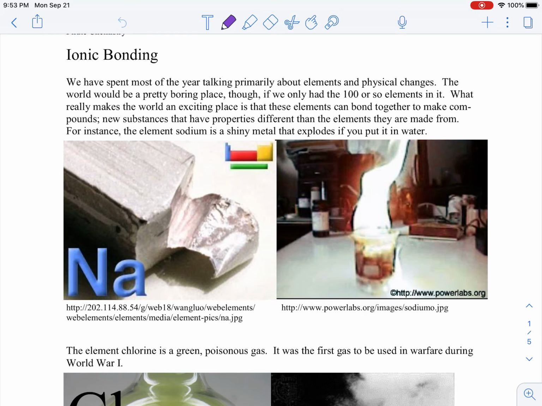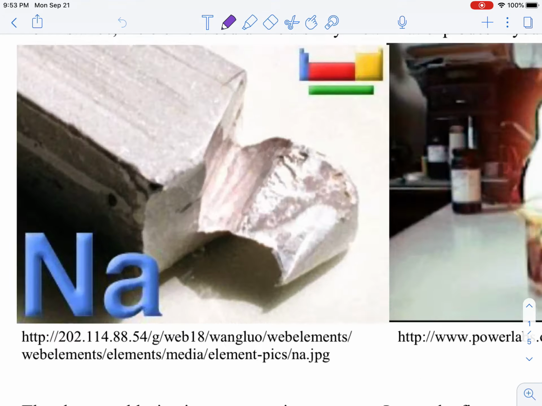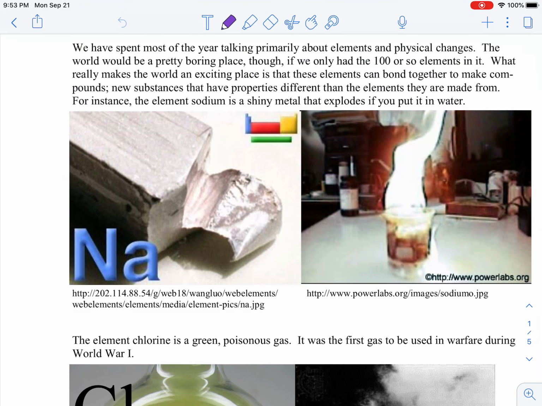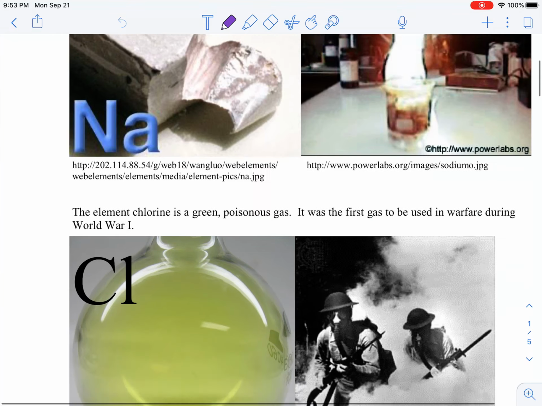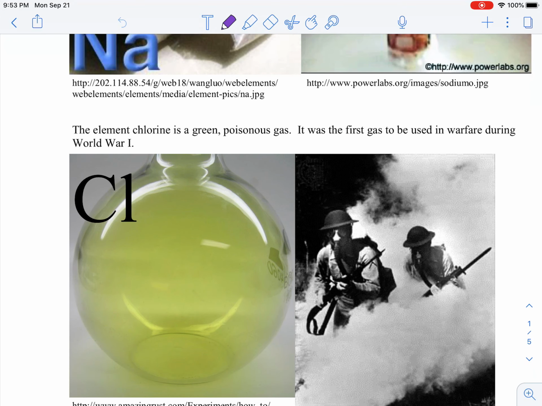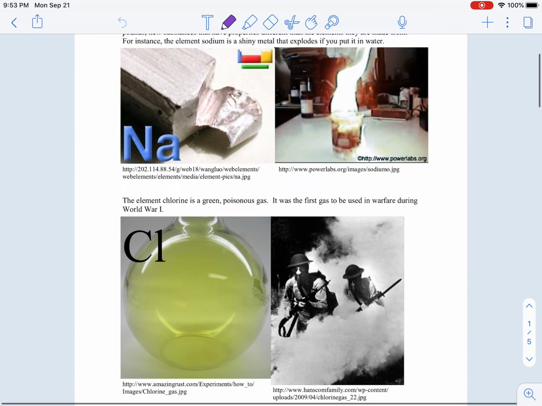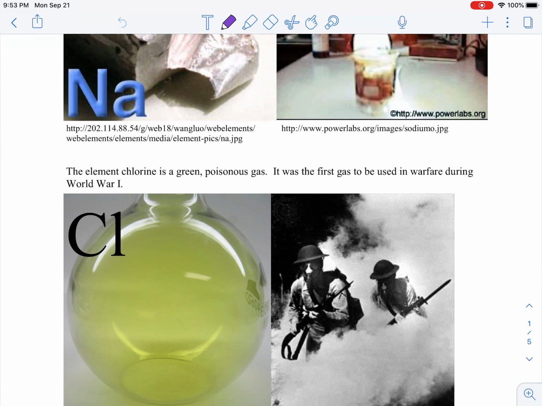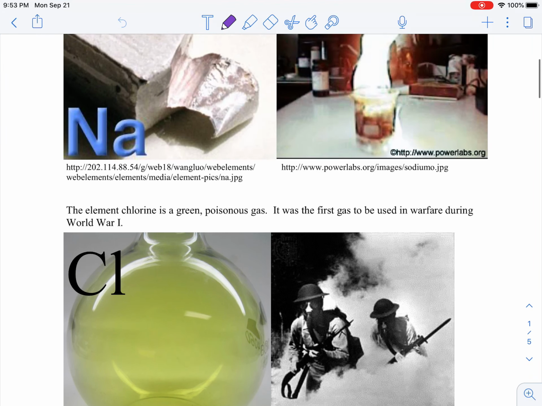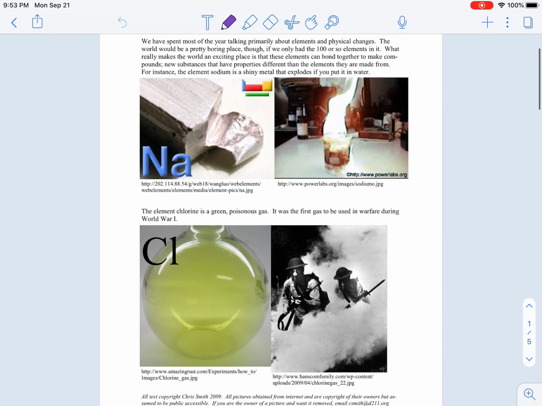We take sodium, the metal that we put in water and it caught on fire and turned purple. If you take sodium, a metal that explodes in water, and you mix it with chlorine, which is a deadly gas that will kill you, and it's yellow. If you chemically combine those, now that's the key. I can't just put them into a room, an explosive metal and that deadly gas. I wouldn't be working for too much longer. I'd be fired after that one.